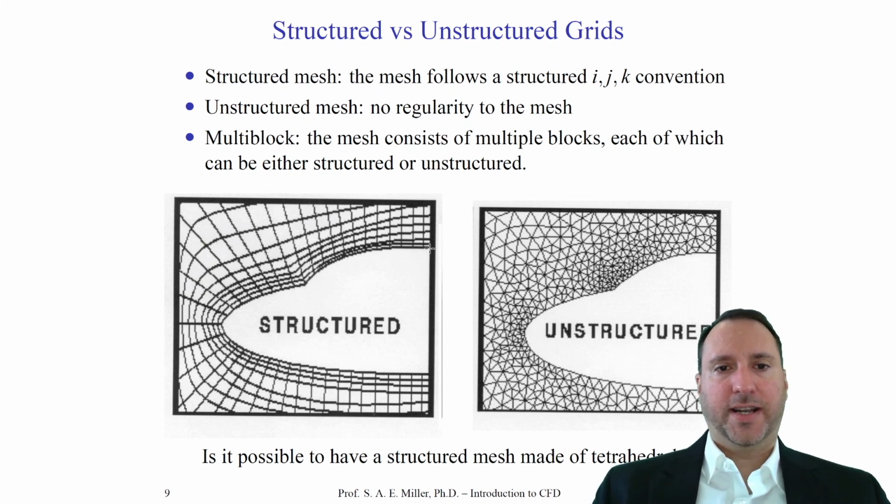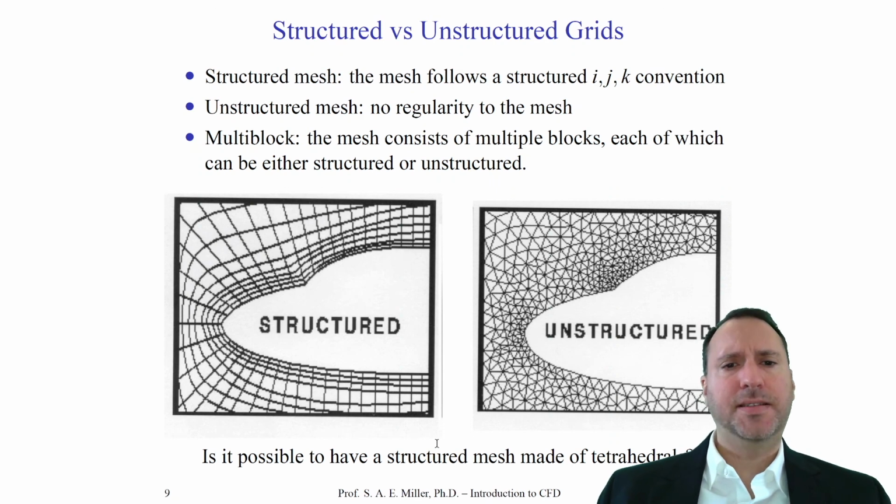If this is grid point n, then we would go one grid point away from the wall and call this n plus 1, n plus 2, n plus 3, n plus 4, etc. If we go 2 grid points away from the wall, we might call it 2n plus 1, 2n plus 2, 2n plus 3, 2n plus 4, etc. And we would go all the way to the maximum number of grid points in the j direction of the computational domain. It's that simple.